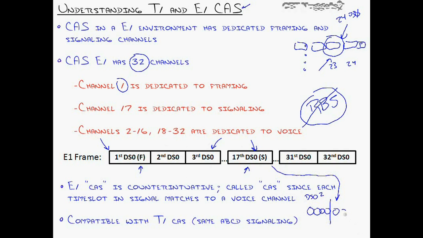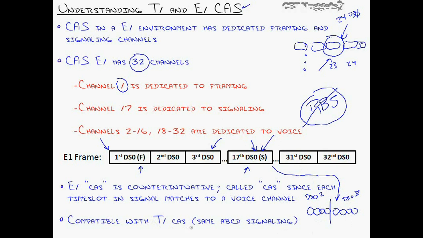The second 4 bits are dedicated to DS032, the last voice channel. Now, as the next frame comes across, the first 4 bits will be dedicated to DS03. The last 4 bits will be dedicated to DS031. It kind of counts its way down and meets in the middle.